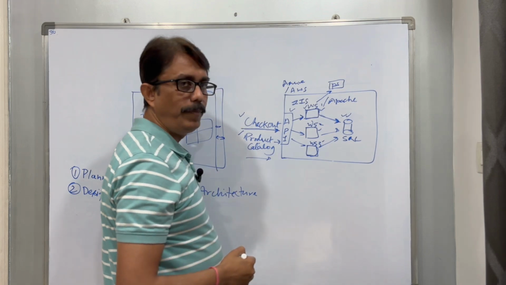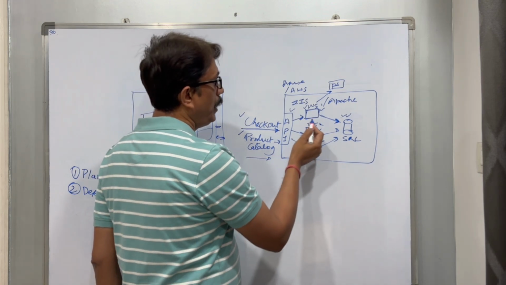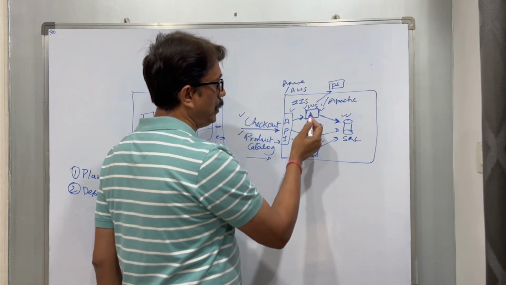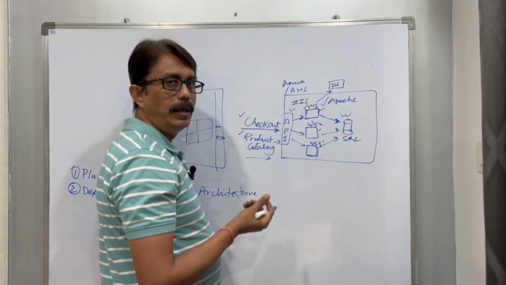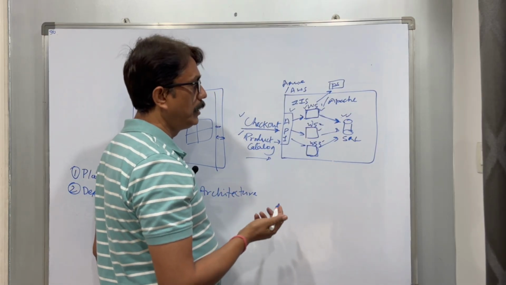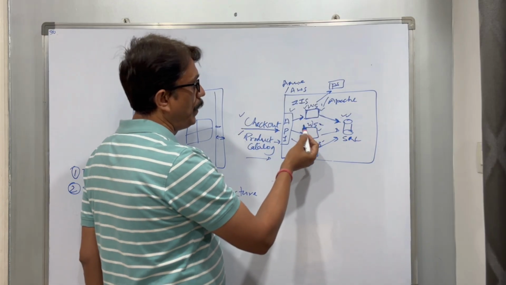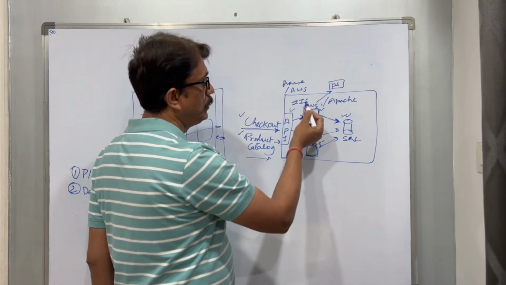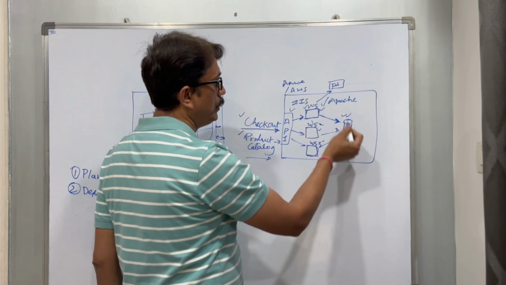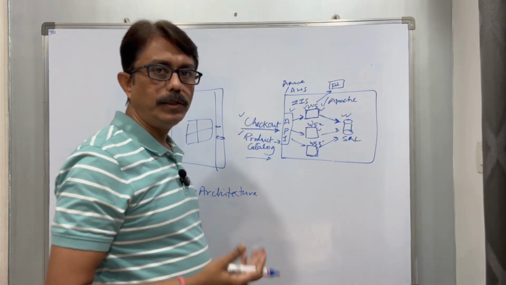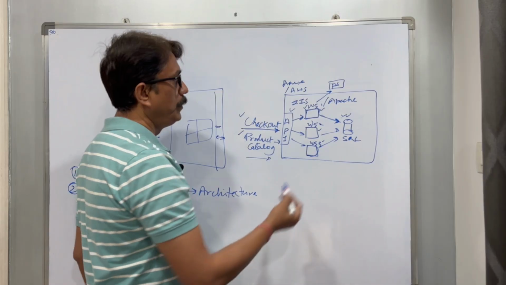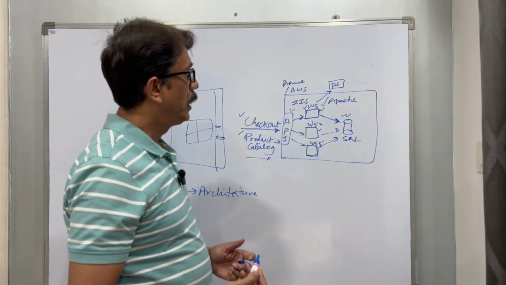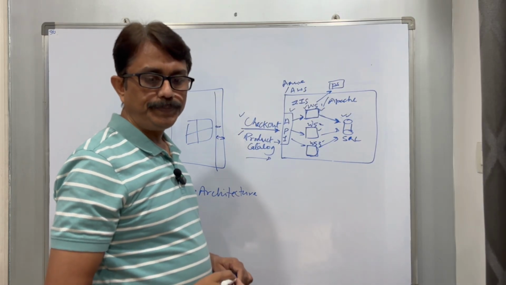So when we are changing one part of the system and it impacts another part of the system, then that is an architectural decision. Or when we are making changes at more than one part of the system, then that is also an architectural decision. So this is how we can understand what is architecture and what is not.